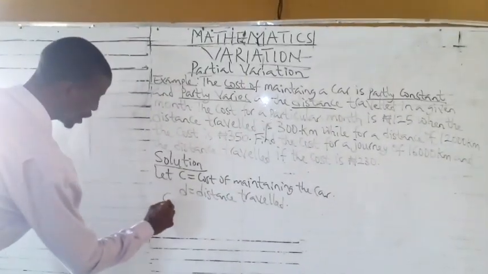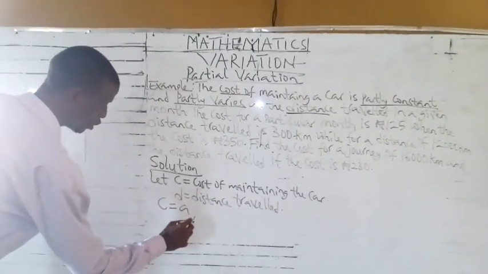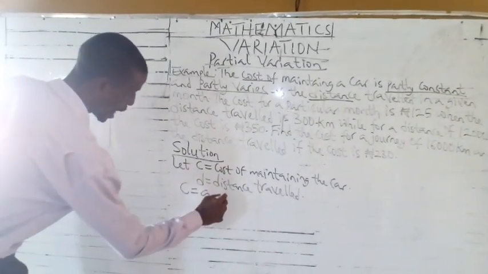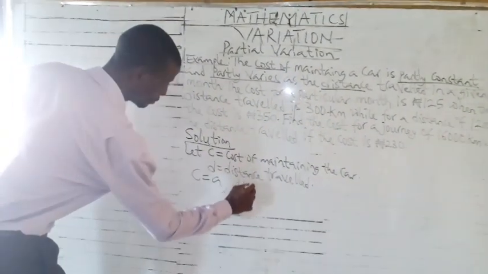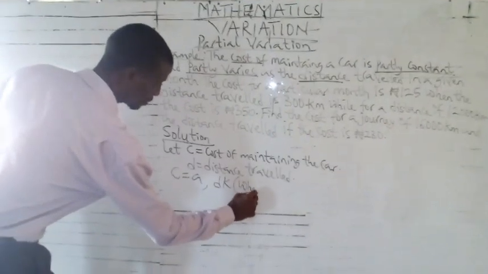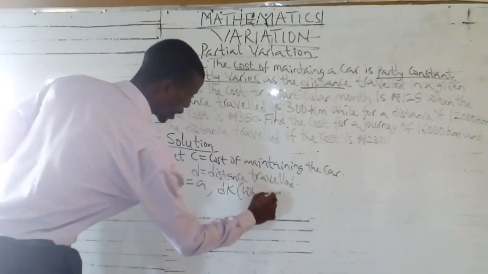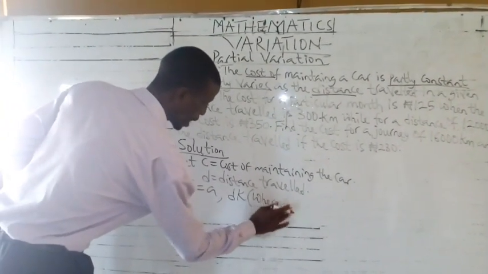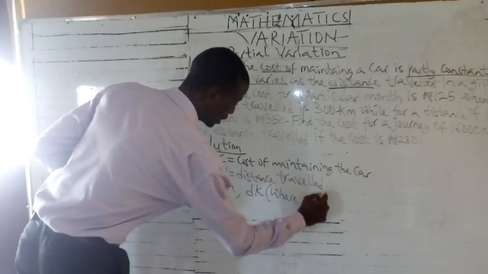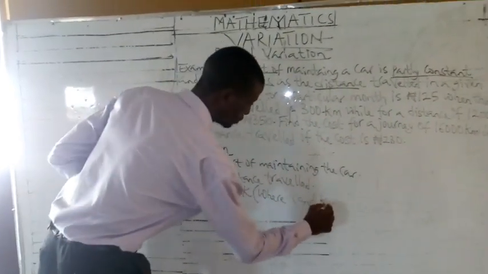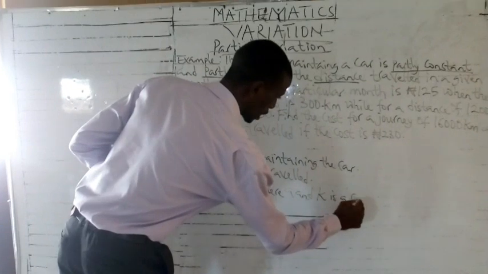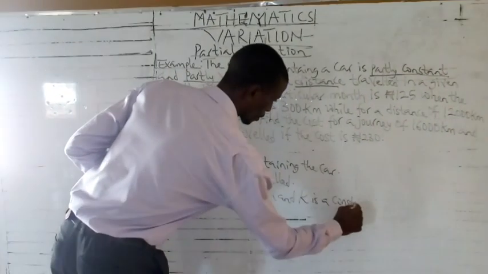It means that C is going to be A plus DK, where A and K are constants.